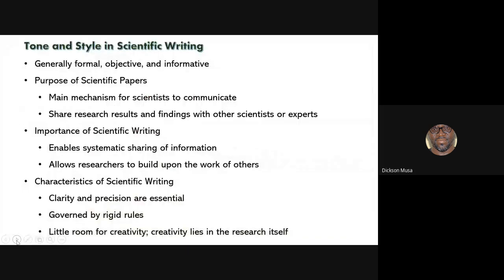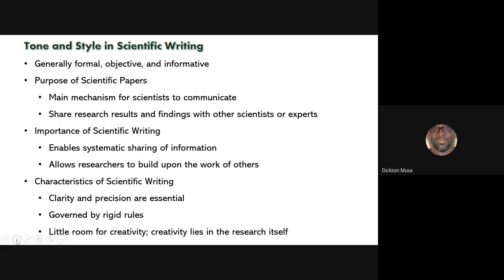Then academic writing has its tone and style. Generally, it must be formal, it must be objective, and it must be informative. Academic writing is different from literary writing. So in this case, academic writing must be formal, objective, and informative.